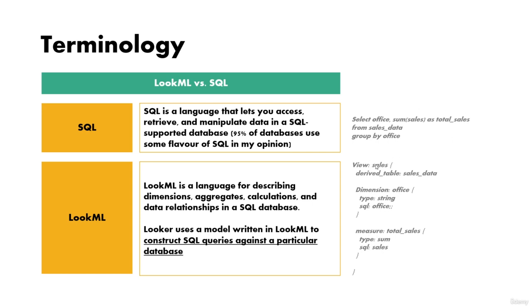We're creating a view called sales, where we get data from sales data, and we create a dimension called office, that's a string, and we create a measure called total sales, which is the sum of sales. Okay? Now, once LookML has this, it will take this and automatically construct this query.